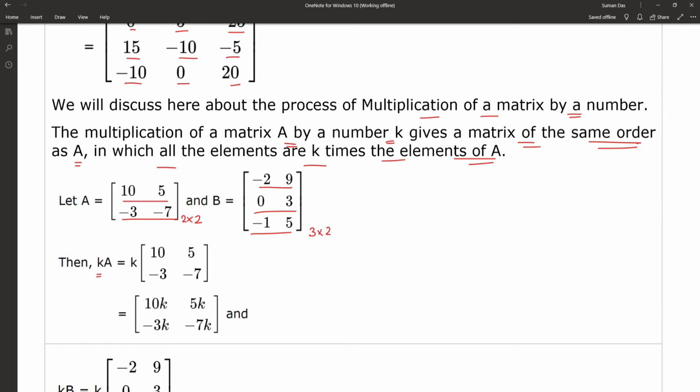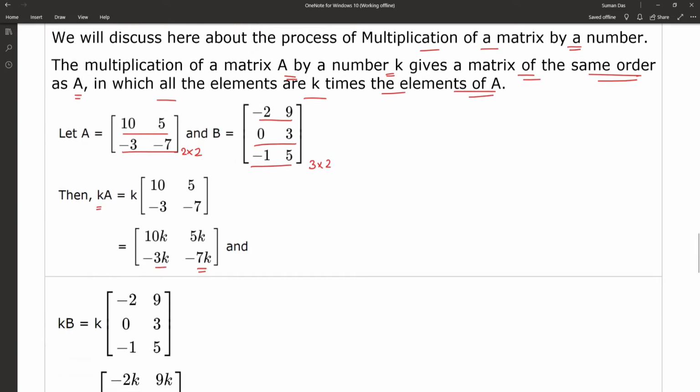Now kA, that means k is the scalar. Now each and every element of the matrix is multiplied by k. So we get 10k, 5k, minus 3k, minus 7k.